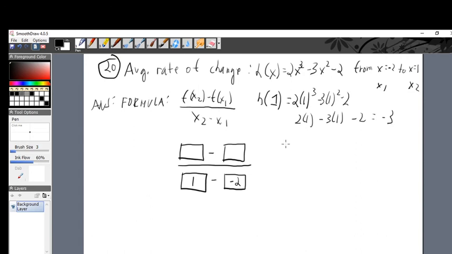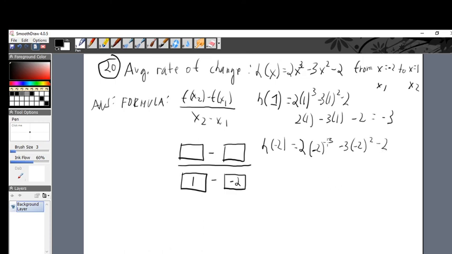Now, the next thing we've got to work out is what is h of x1? H of x1. Look up x1. It says the number -2. Okay, fill into the function. Every time you see x, replace it with -2. So 2 times -2 cubed. Then minus 3 times -2 squared minus 2.